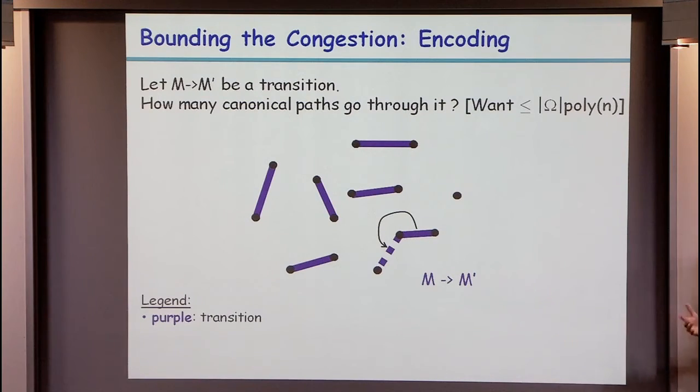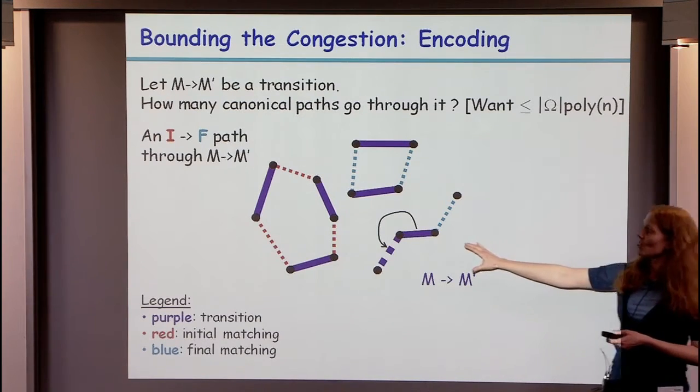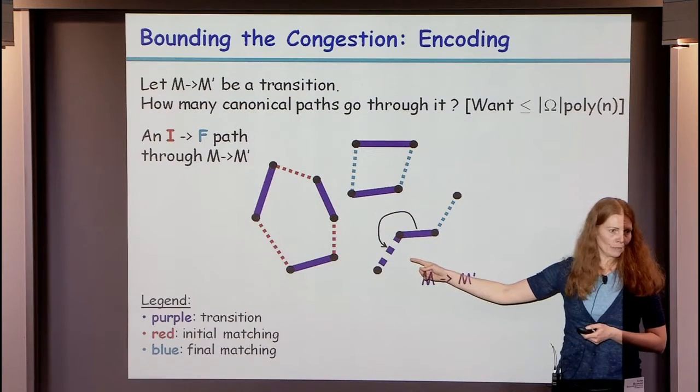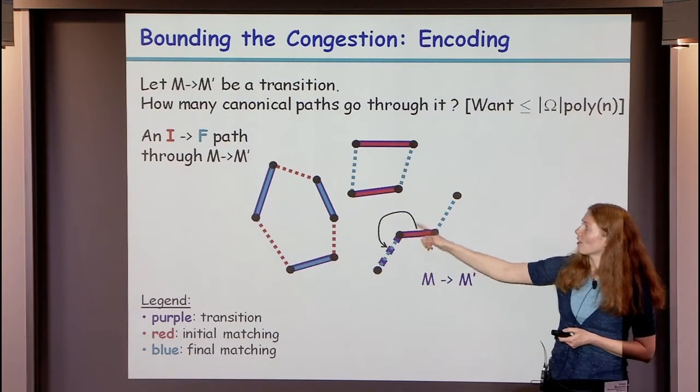Okay? So essentially, this is a purely combinatorial argument now. We are going to show that's the case, and let me show you when we saw this transition. We saw it when we had already processed the first component and we were processing the little path.